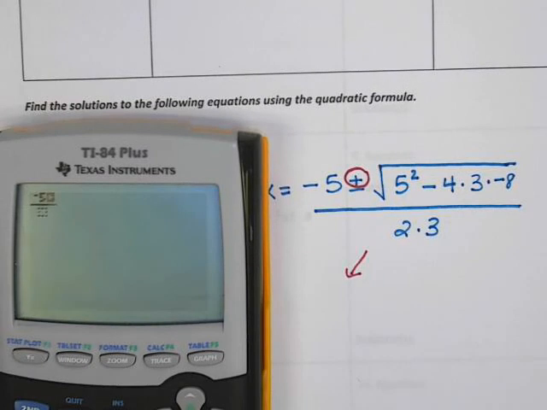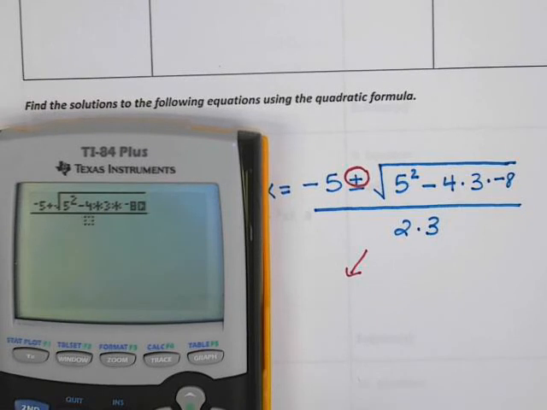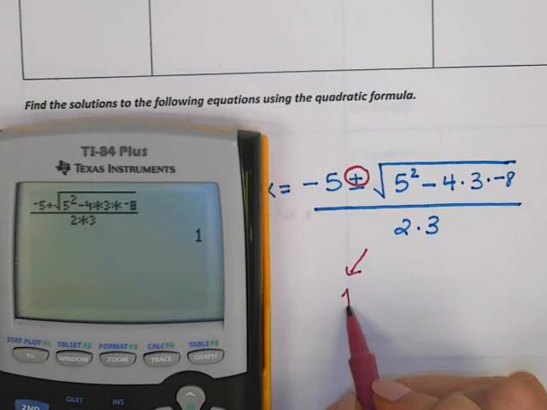So negative 5 plus square root 5 squared minus 4 times 3 times negative 8, all divided by 2 times 3. And it looks like our first answer is 1. So x equals 1.